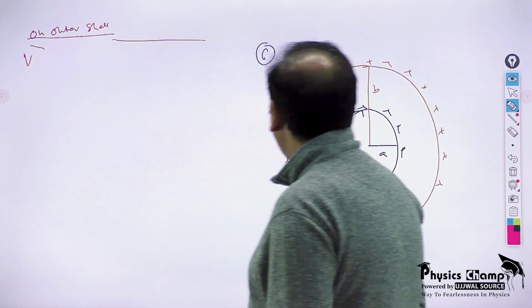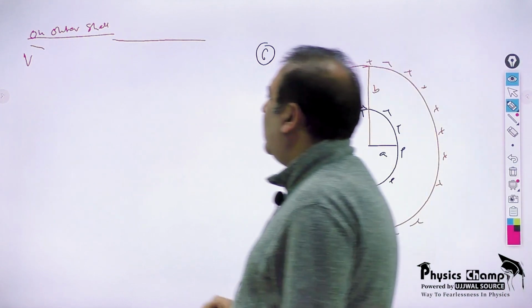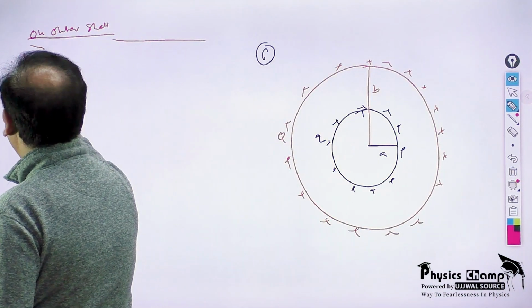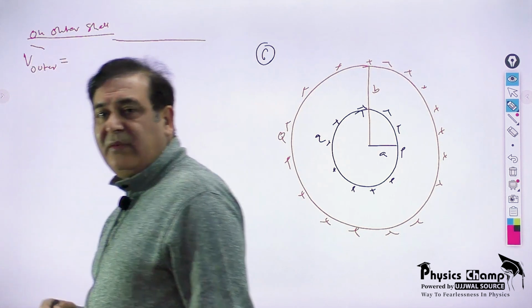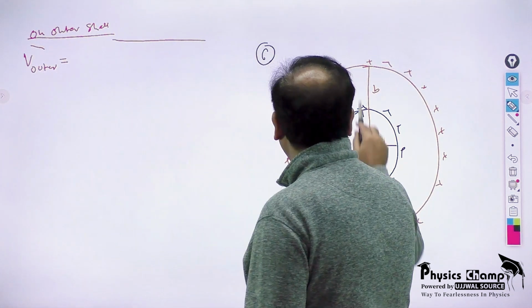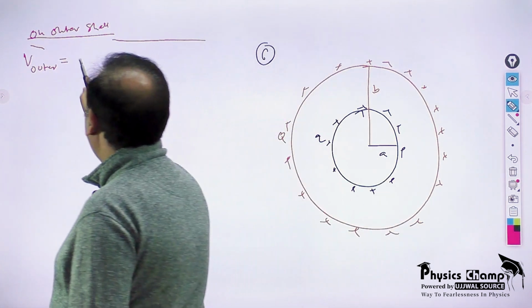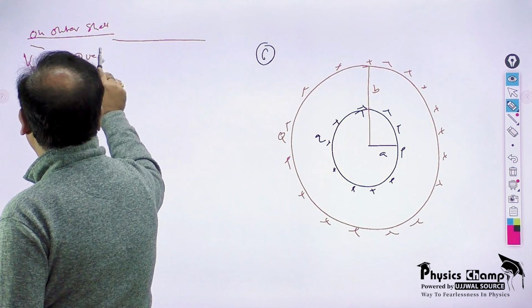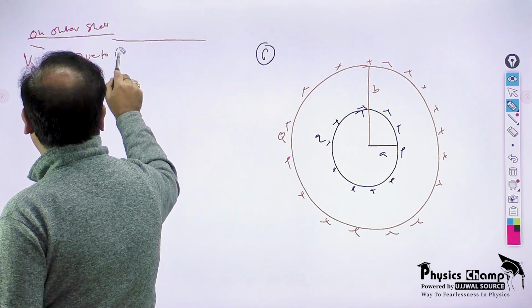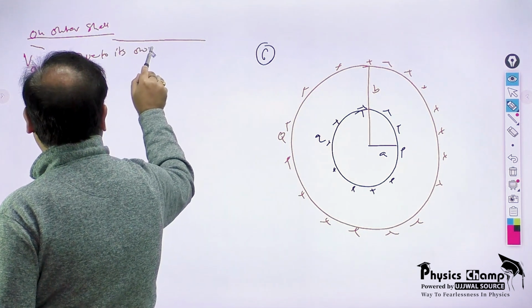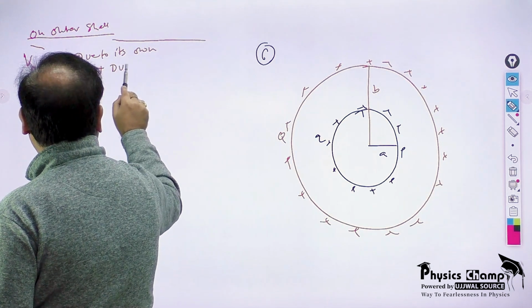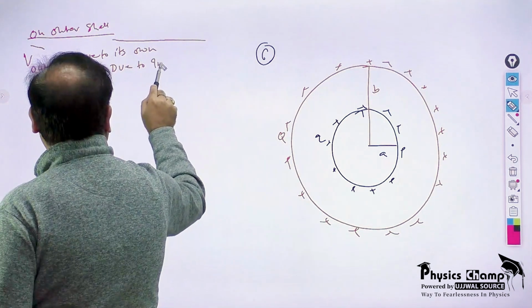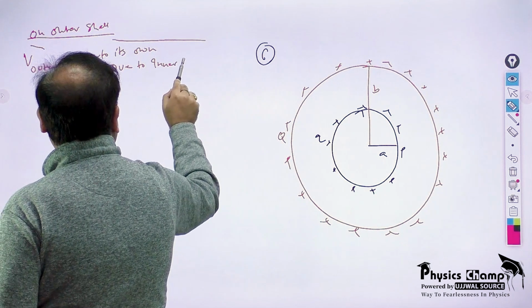There are two contributions to the potential on the outer shell. One is the potential on the outer shell due to its own charge. And second, the potential due to the inner sphere.